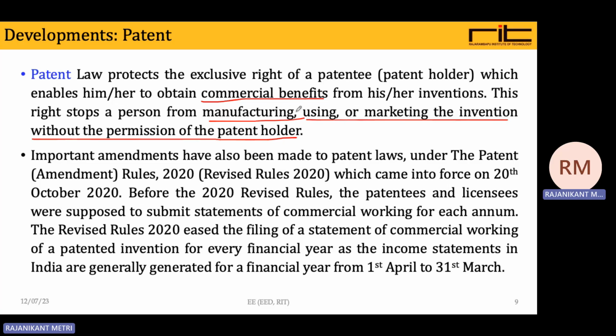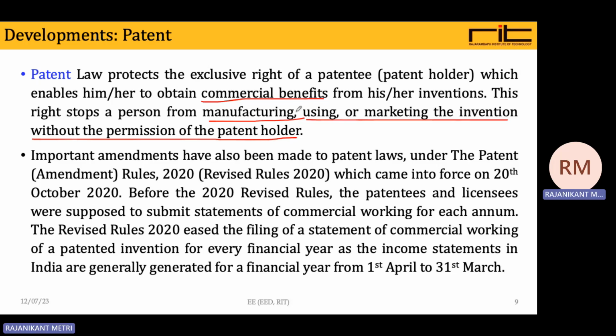Again, here also some amendments have been made in the patent law under the Patent Amendment Rules 2020, and these are the revised rules in 2020, which came into force on 20th October 2020. Before the 2020 revised rules, the patentees and licensees were supposed to submit statements of commercial working for each annum. So earlier, one had to submit the statements regarding commercial working of each annum.